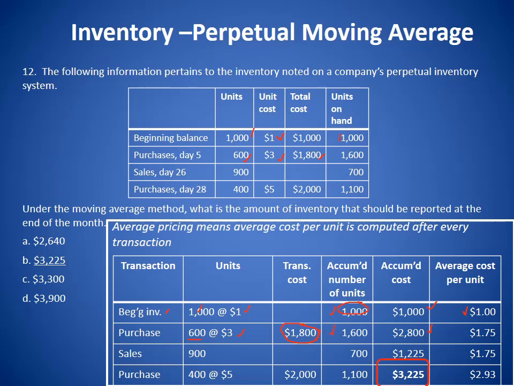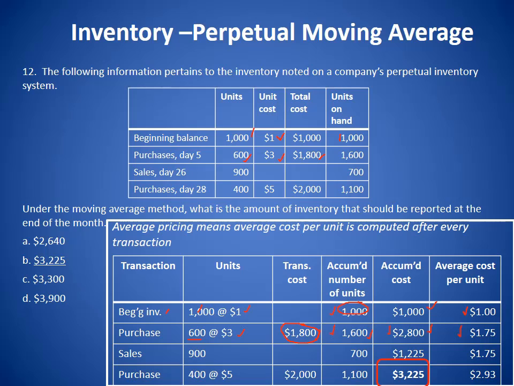Now to come up with the average cost per unit, we take the $2,800 in accumulated cost and divide it by the accumulated number of units on hand, and that comes out to $1.75 per unit. So that's our average cost per unit at this point.